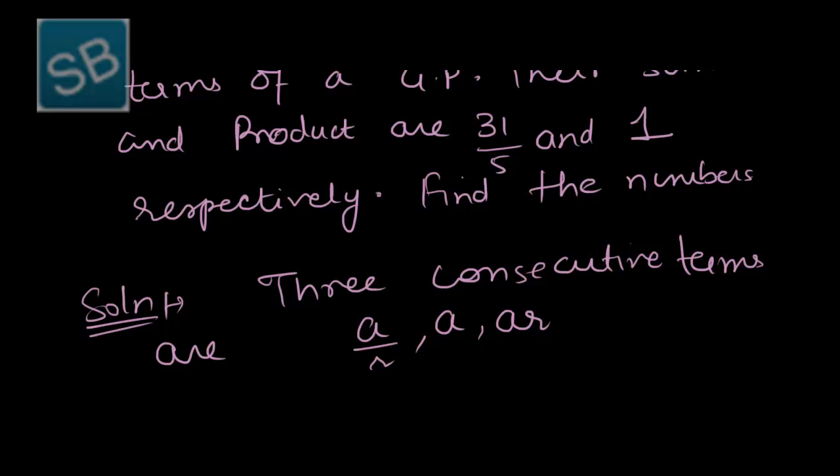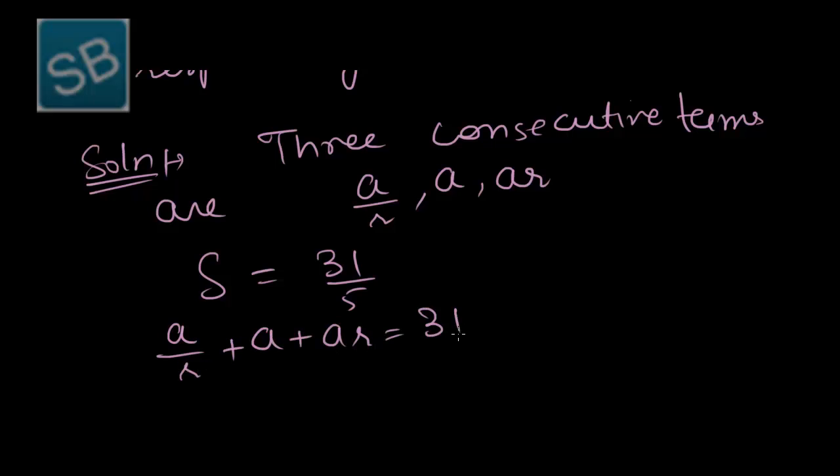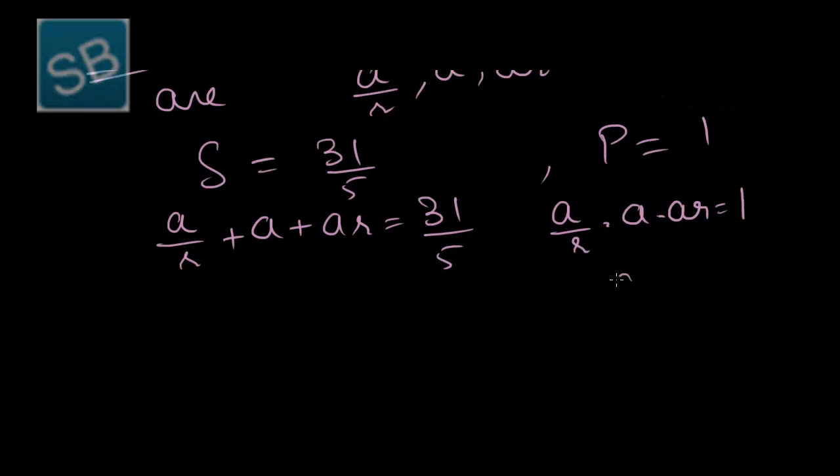According to the condition, the sum is 31 over 5, that is a over r plus a plus a into r is equal to 31 over 5, and the product is 1, that is a over r into a into ar is equal to 1. So from here we get a cube is equal to 1, and the real root is 1.